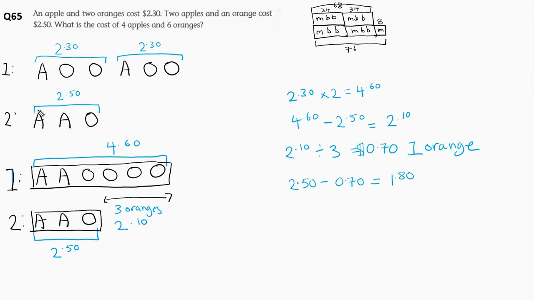And what is that? What's that leaving us with? That's the cost of 2 apples. So 180, if we divide that by 2, that's going to give us the cost of 1 apple.